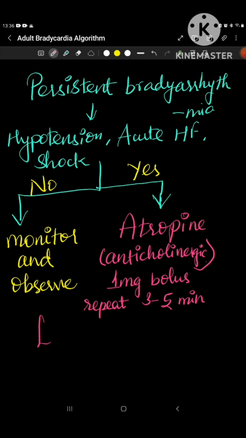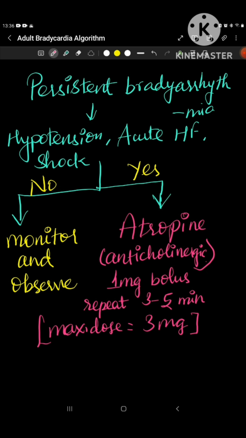Can we give like 10 mg? No. The maximum dose is 3 mg. How many times can you repeat it? Maximum 3 times only. Within 15 minutes, you administer 3 mg if the patient doesn't recover. So that is the first thing we'll do.